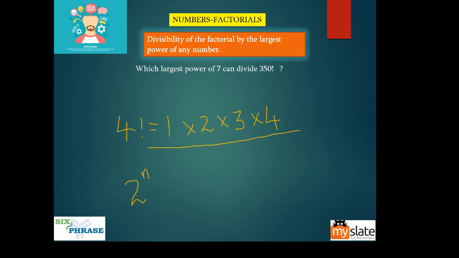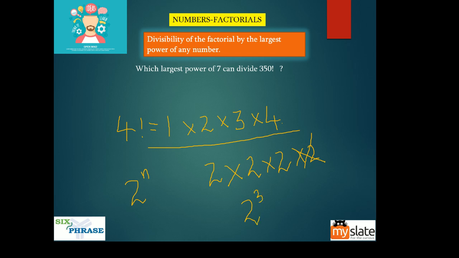Can I just put 2? Will it divide? Yes, of course 2 will divide. I add another 2. Will it divide? Yes. I'll add another 2. Will it divide? Yes. If I add one more 2, it won't divide. So the largest power of 2 which can divide this 4 factorial is 2 cube.